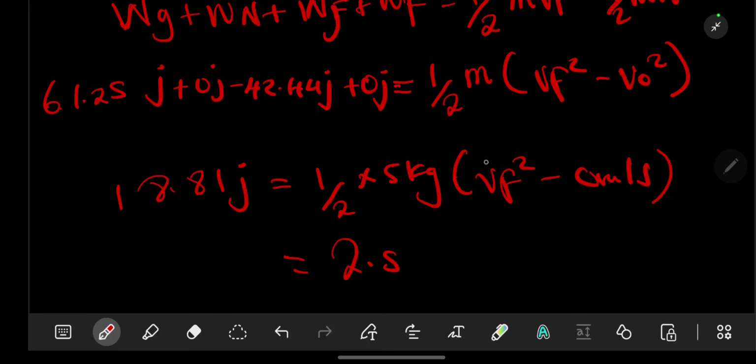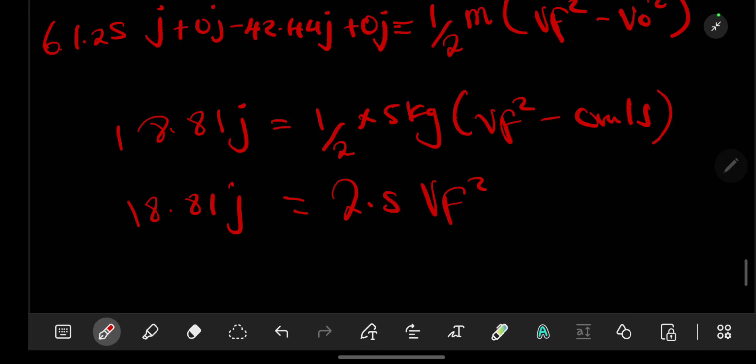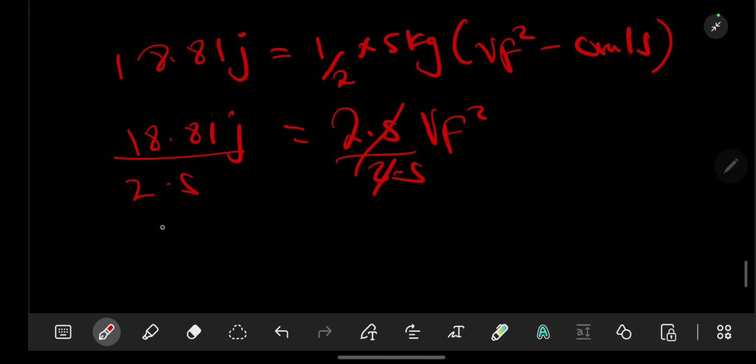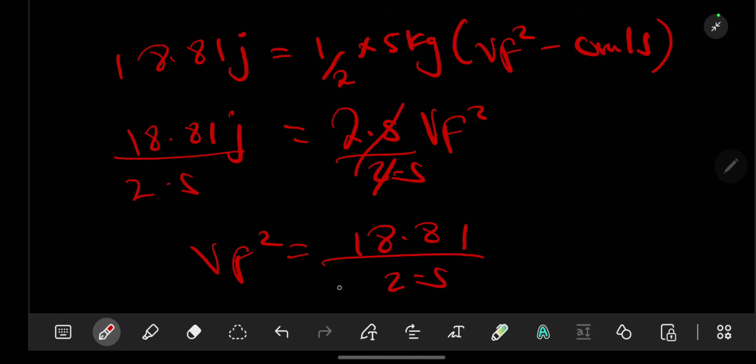Then in the brackets we have v final squared minus 0, which is v final squared. Then we have 18.81 joules. We divide by the 2.5, so v final squared is equal to 18.81 over 2.5.